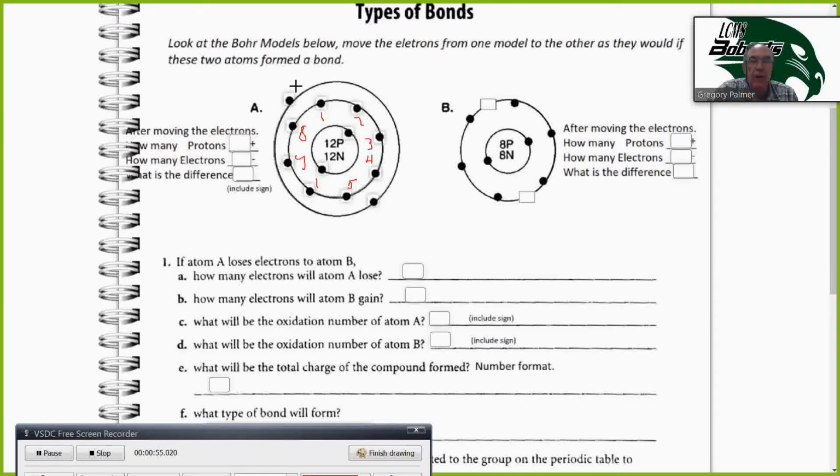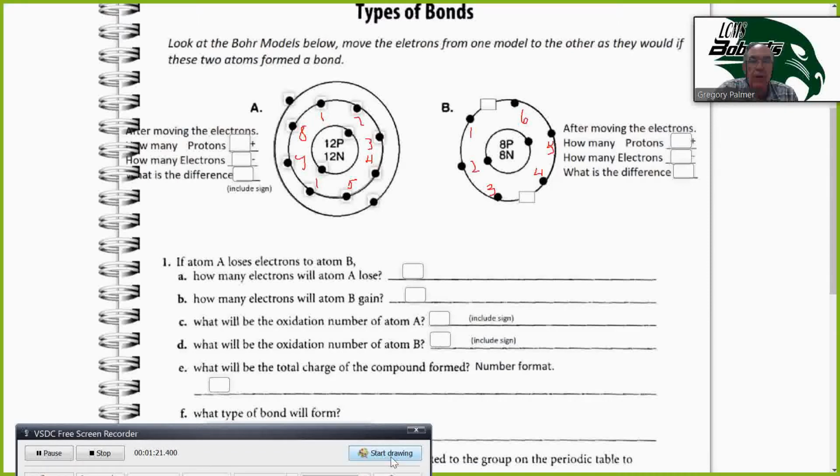And then on the outside energy level, we have 1, 2 more. And over here, there's 1, 2 on the first energy level, and then there's 1, 2, 3, 4, 5, 6. So the atom on the left would have a full outer energy level if these two were gone. And the atom on the right would have a full outer energy level if there were 2 more.